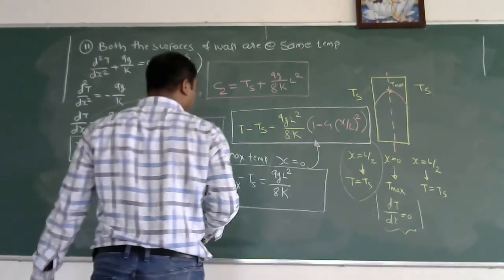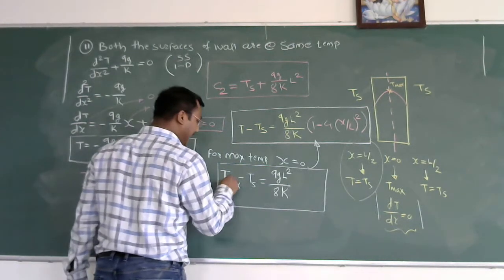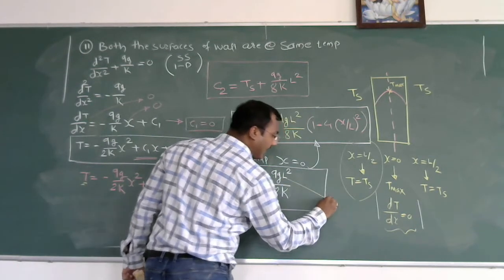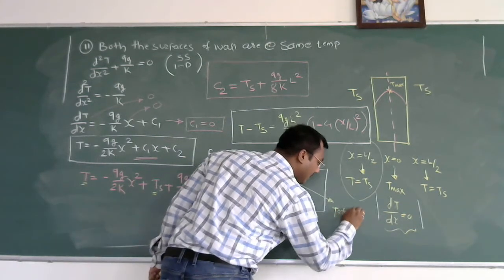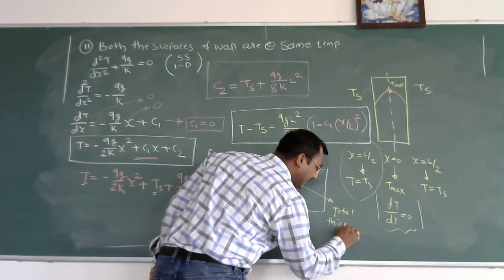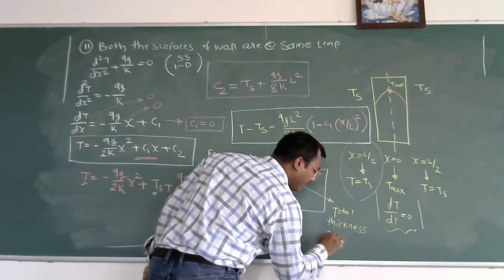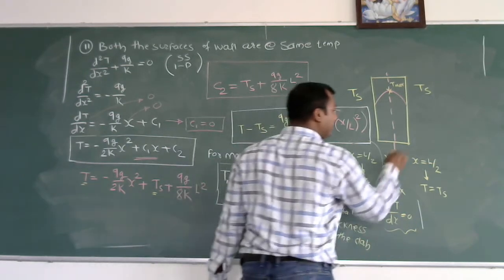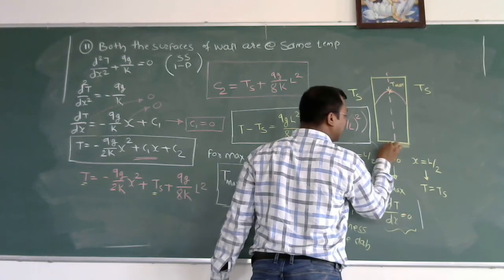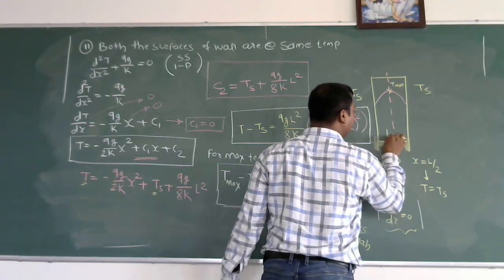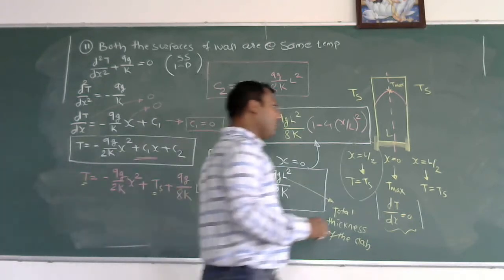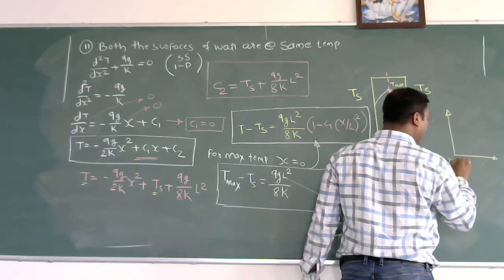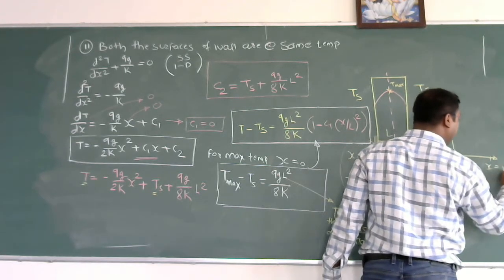The important thing you must understand in this equation, I am writing T max minus Ts equals Qg L square divided by 8K, where L is the total thickness of this slab. Because I am considering this as L by 2 and this as L by 2, the total becomes L. If you refer to different books, in some of them they are considering x is equal to 0 here and x is equal to L here.